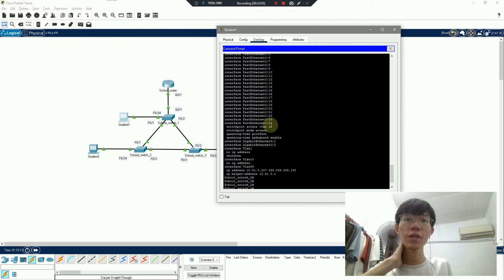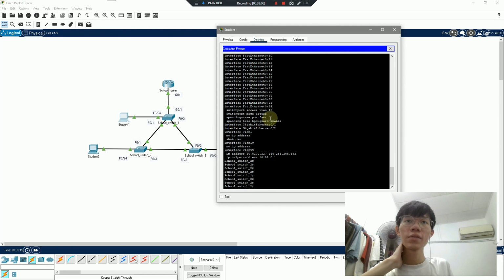FastEthernet 0/3 is also trunking with native VLAN 99 in trunk mode. And FastEthernet 0/24 is in access mode for VLAN 10, with spanning-tree portfast and BPDU guard enabled.